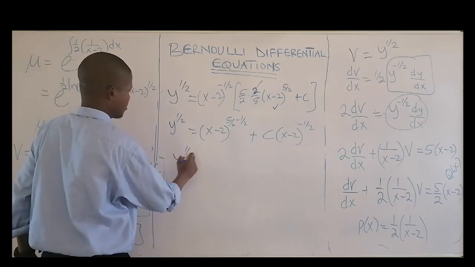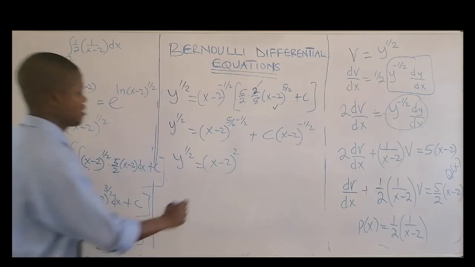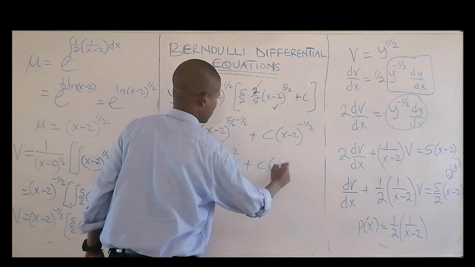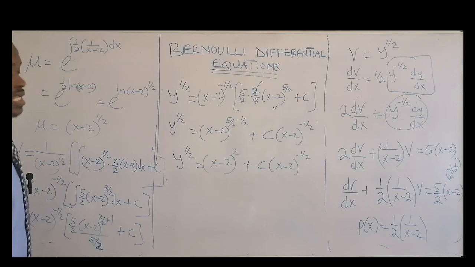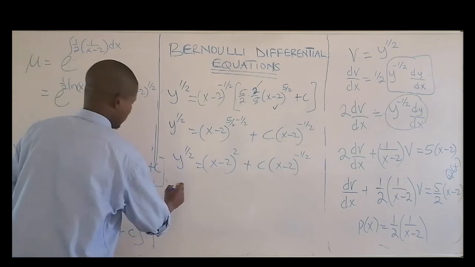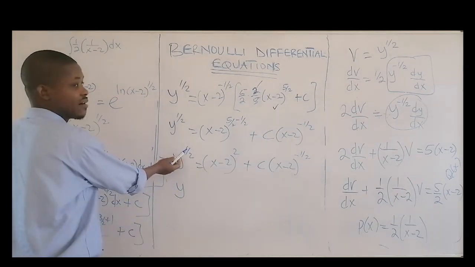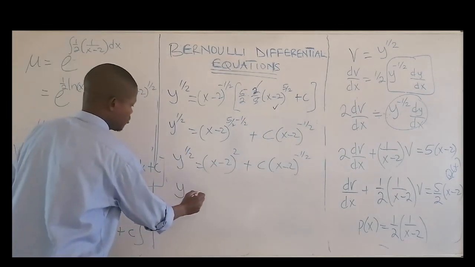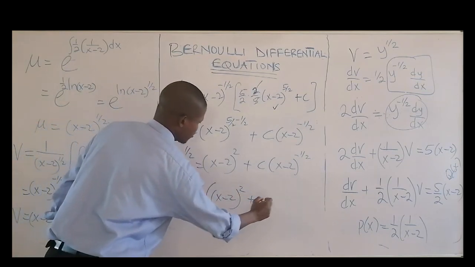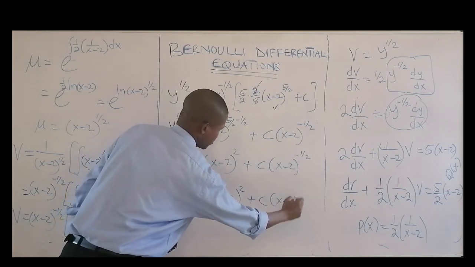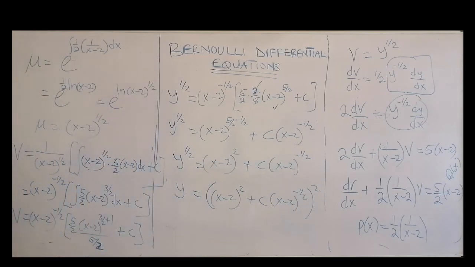That will be y to the power half equal to x minus 2 to the power 2 plus c times x minus 2 to the power minus half. Then you can square both sides if you like, or leave it this way. If you square both sides, you just remove this half here, and that will be y equal to x minus 2 squared plus c into bracket x minus 2 to the power minus half, all squared.